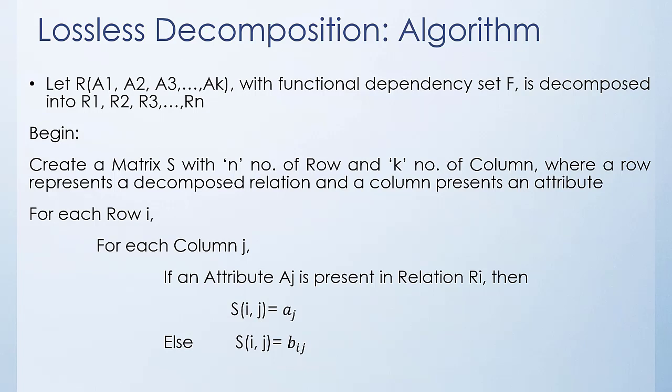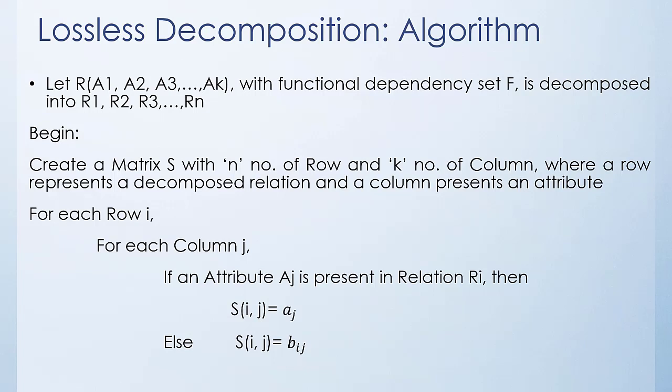Now we have to fill up the cells of the S matrix with the symbol Aj or the symbol Bij. How are we going to fill that up? For each row i and each column j, we have to fill up every cell. Remember, a row represents one relation and a column represents one attribute.